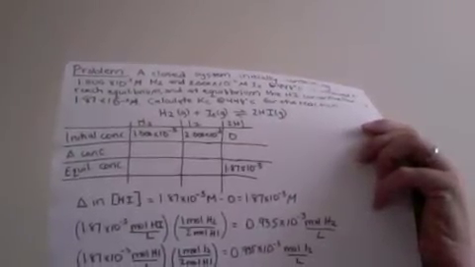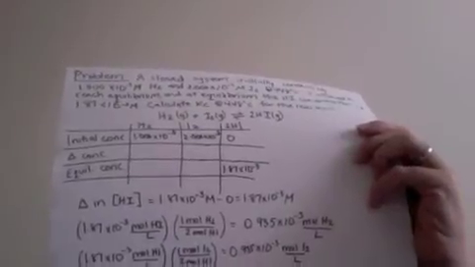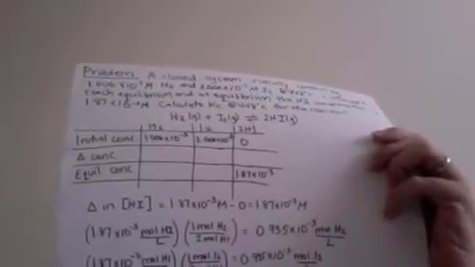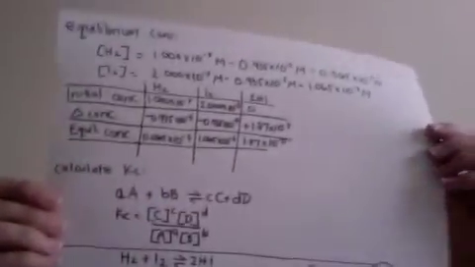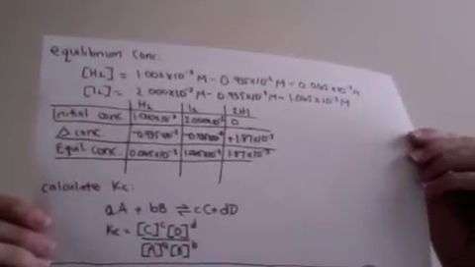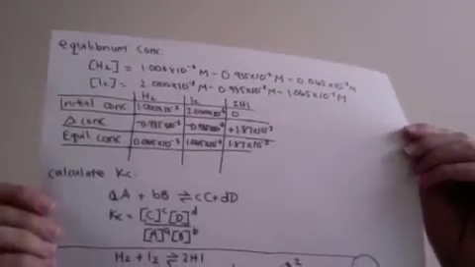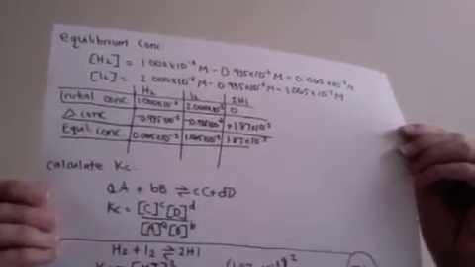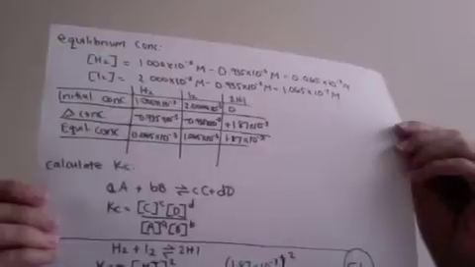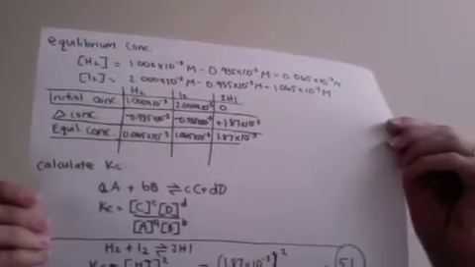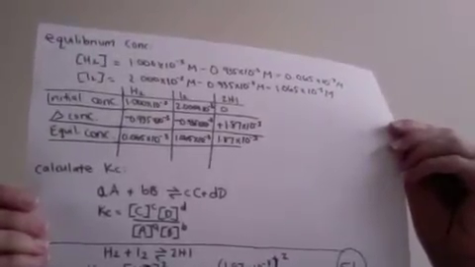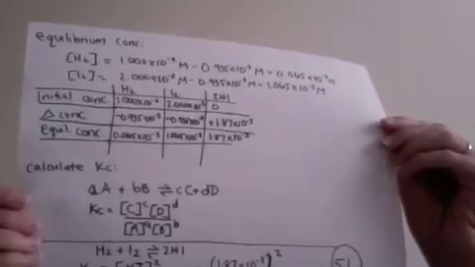The equilibrium concentration is the initial concentration minus whatever is consumed, which is that change. Alright, so for H2, we started at 1 times 10 to the negative 3 molar. We're going to subtract out our change, that's what's being consumed in the reaction, which is 0.935 times 10 to the negative 3 molar.